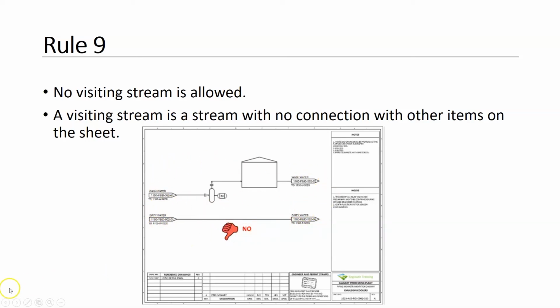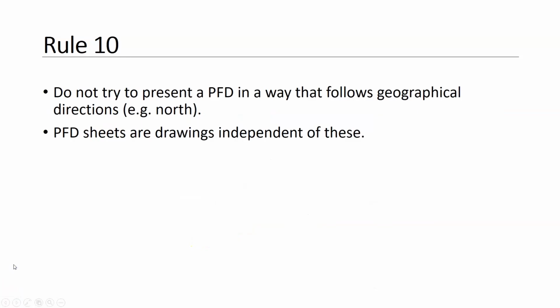So please avoid it. And finally, rule number 10, do not try to represent a PFD in a way that follows the geographical directions, north, south, east, or west, for example. PFD sheets are drawn independent of these geographical directions.